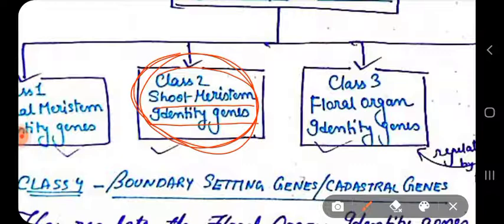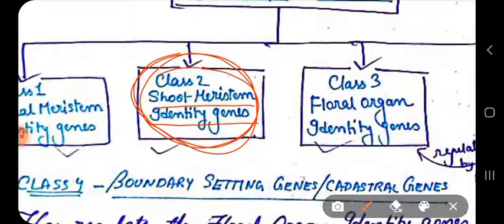So it maintains the normal vegetative growth without any flowers. It is not going to develop into floral organ. These genes are regulating the expression of the floral organs. It is trying to repress the flower development.